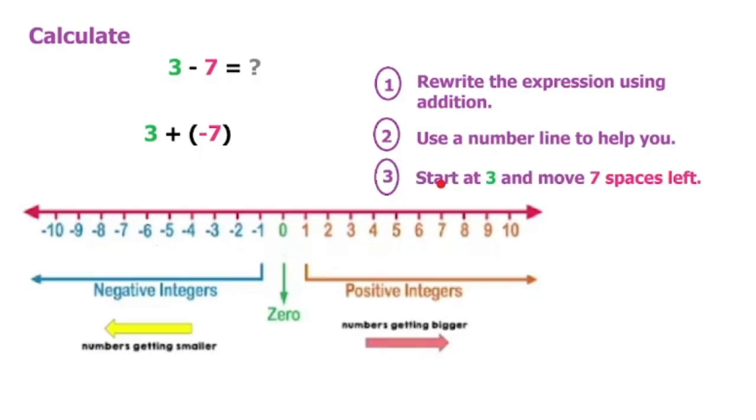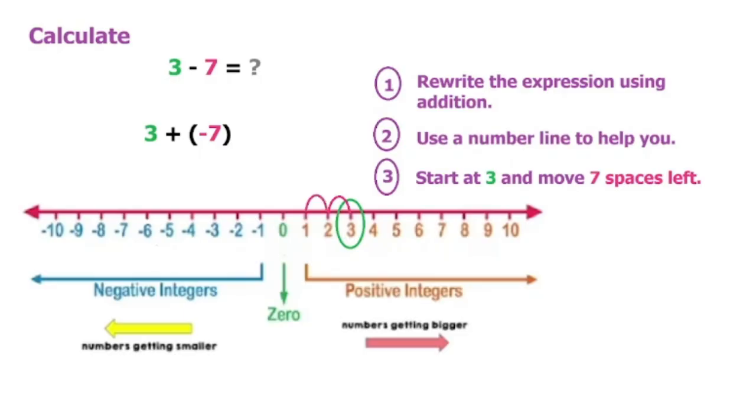Now we can start at 3 and move 7 spaces left because we have a negative 7 that we're dealing with, right? So let's start at 3 here, positive 3, and then we just move one at a time left this way because numbers are getting smaller.